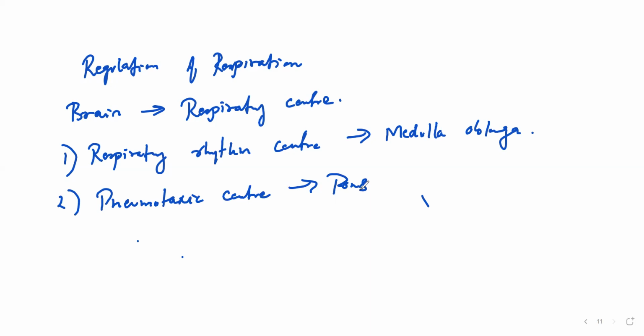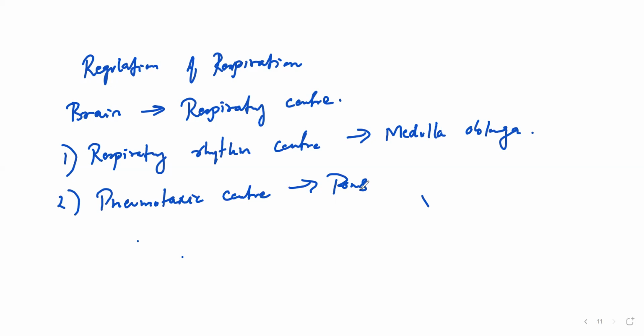Plus, like how we can know whether an object is hot or cold by the impulses, that impulse thing is also controlled here. From this center, the impulses you get during expiration or inspiration, and their rate, are controlled in this pons of the brain.